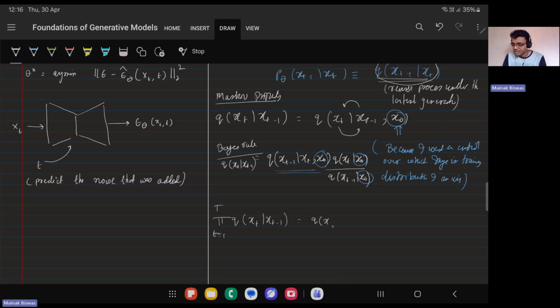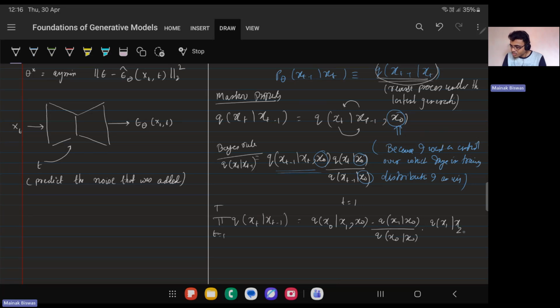The first term is q of x1 given x0, which corresponds to t equal to 1.